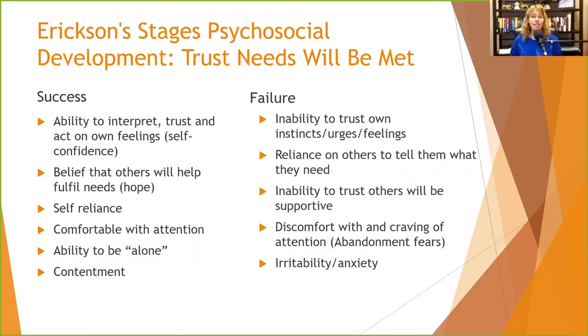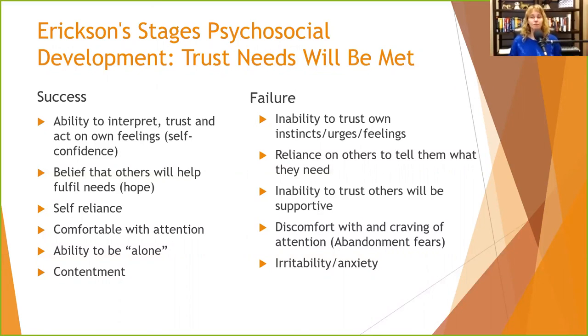If they don't get this, then they develop mistrust of their own instincts, urges, and feelings. They think, well, I'm safe, I'm with my caregiver, but maybe not, because I remember that one time that she didn't show up for hours.